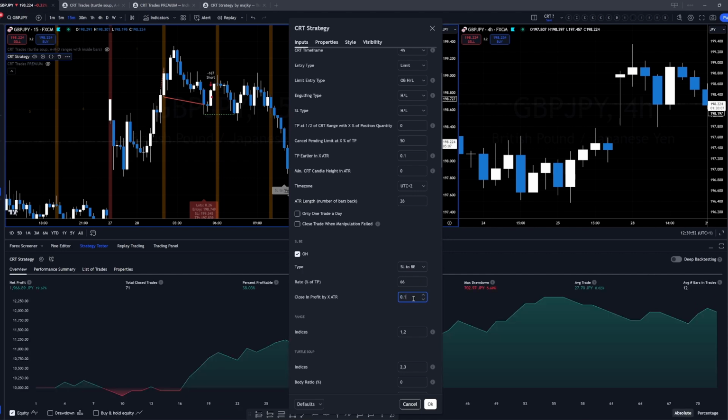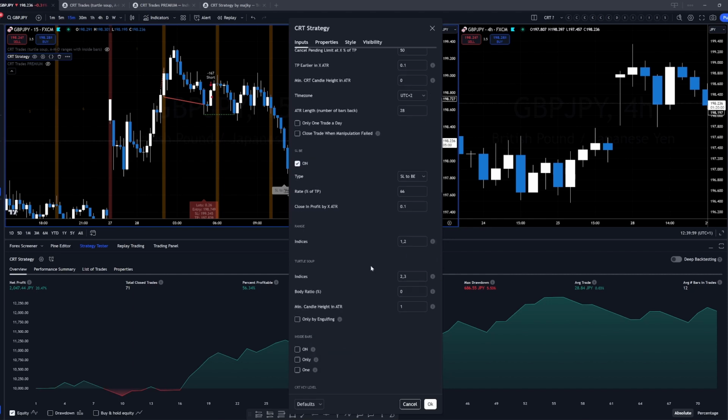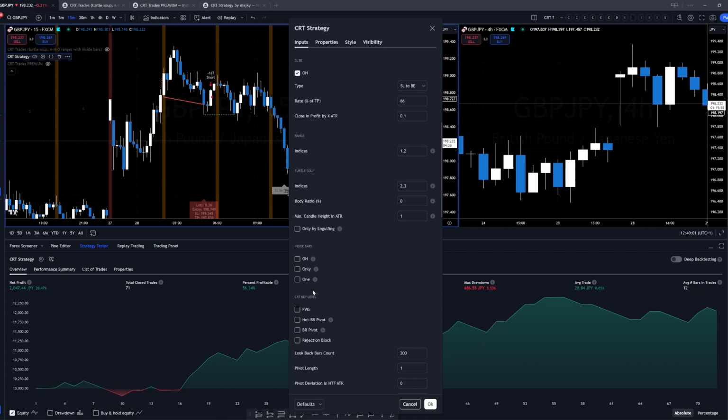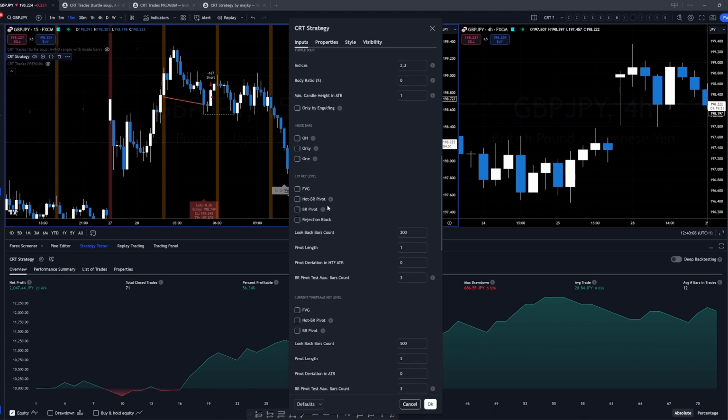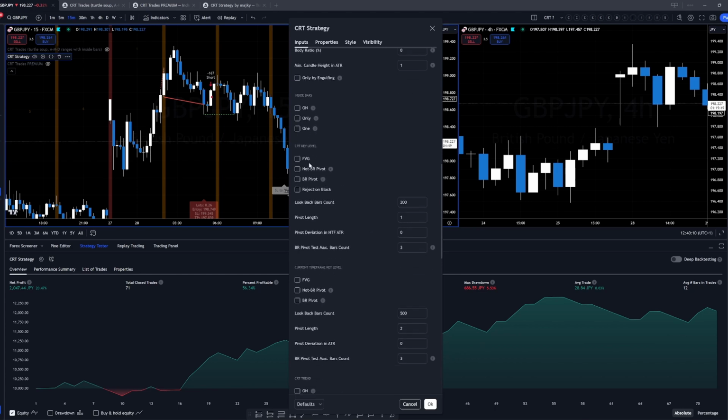This is the same as the closing TP earlier, so this is closing or moving stop loss to break even earlier. Okay, so we know these settings. And here, what this CRT key level and current time frame key level do is that here it works like a filter.